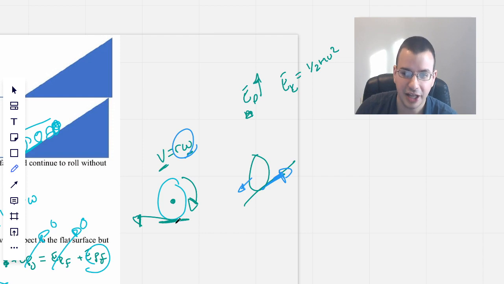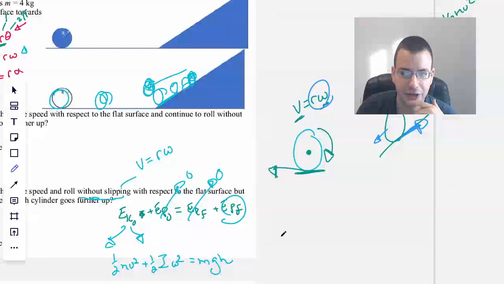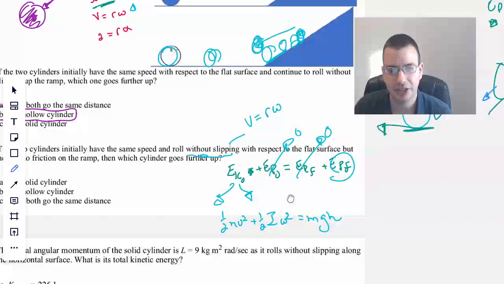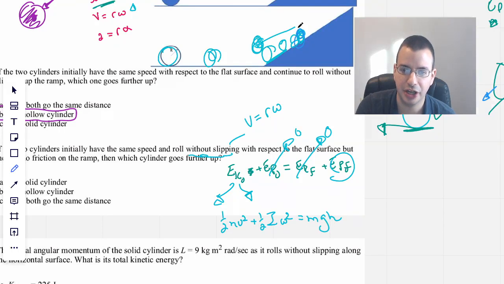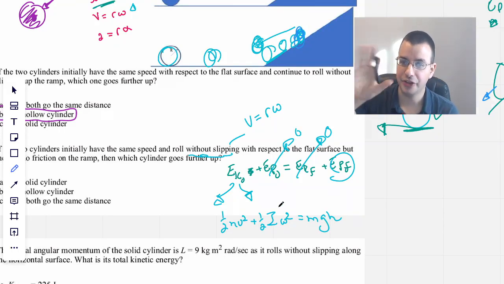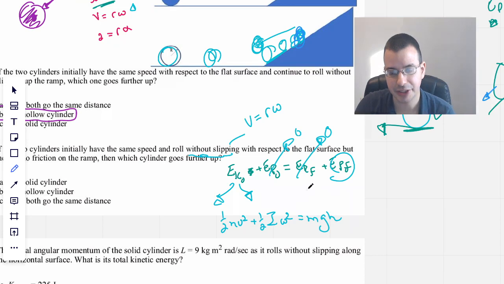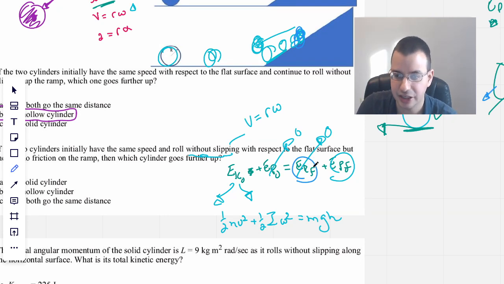Well, when we get rid of friction, they can't do that anymore. And so what happens is it still has this potential energy on the other side as well. So what happens here is this idea of energy kinetic going to 0 at the end when it's climbing up the hill, I said 0, I should not have, because there's still that I omega squared left.